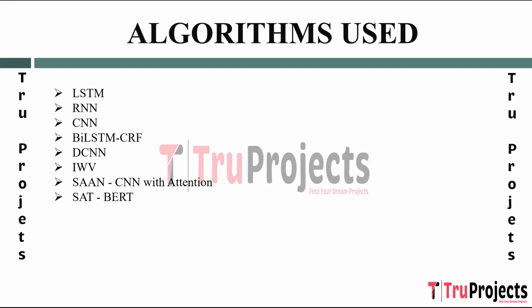BERT has achieved state-of-the-art performance in various natural language processing tasks, including sentiment analysis. In the project, SAT-BERT is used as a powerful pre-trained model for sentiment analysis, fine-tuning it on a specific sentiment analysis task to achieve high accuracy.